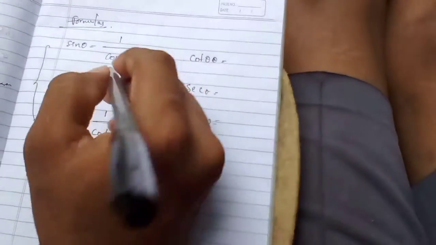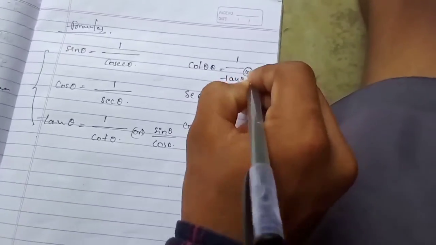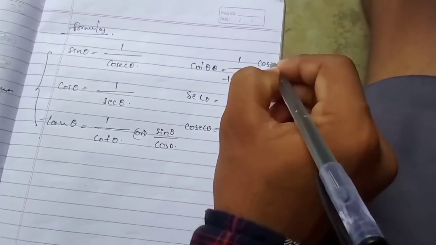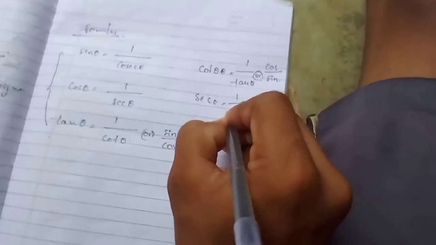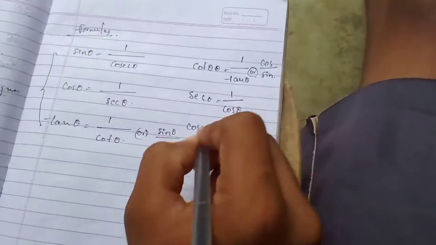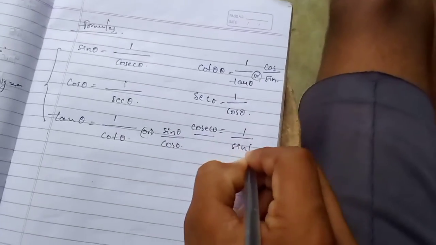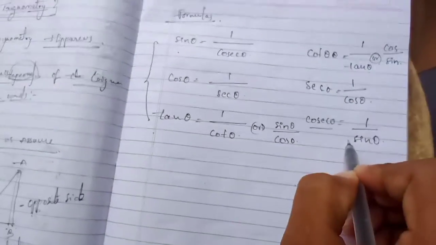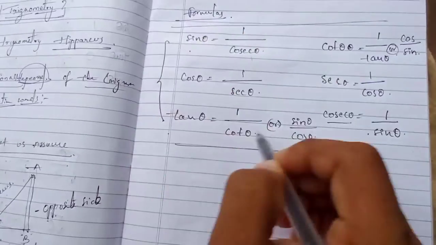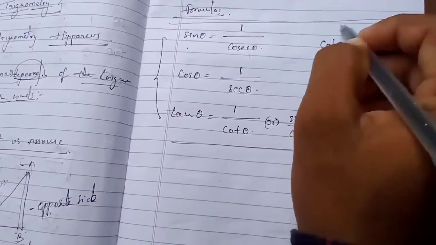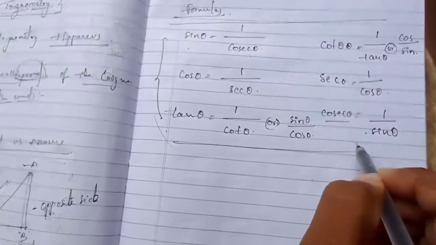Cot theta equals 1 by tan theta or cos by sin, sec theta equals 1 by cos theta, and cosec theta equals 1 by sin theta. These are the inversions. Sin, cos, tan are the main ratios, and these are the sub ratios, which depend upon the three main ratios.